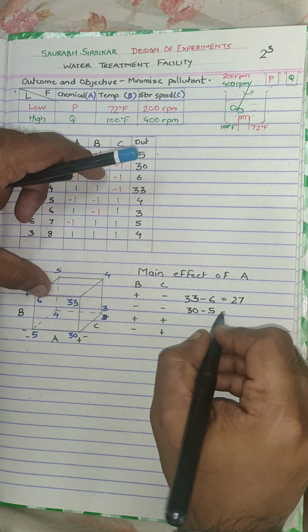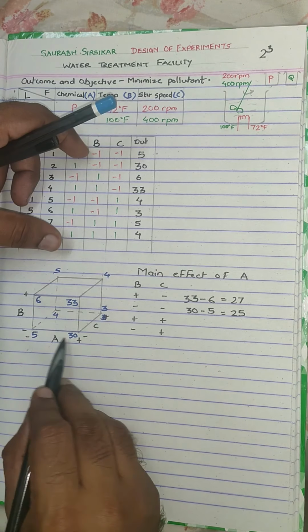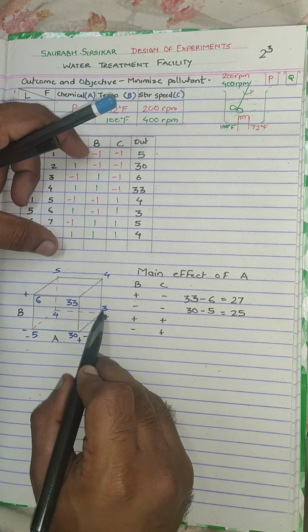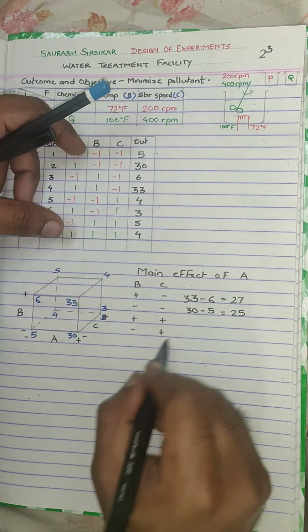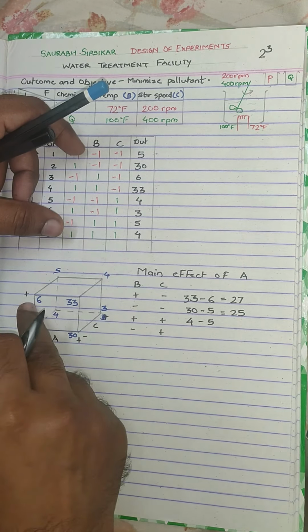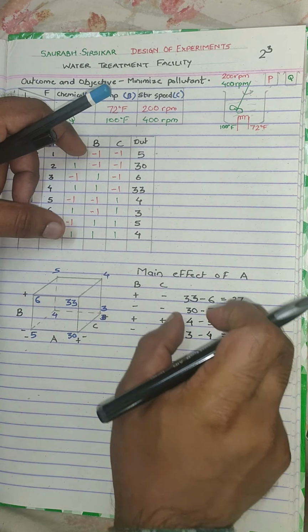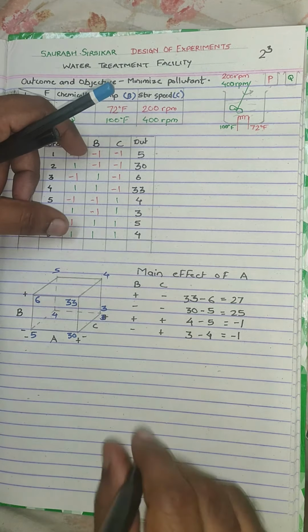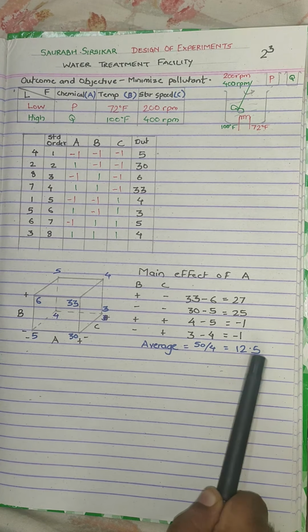So this is 27, this is 25. Now for the main effect of A, we also can do 4 minus 5, which is at the backside surface. So 4 minus 5. I am always doing higher minus lower. Okay, 3 minus 4. So now we can see the average of this, 50 by 4, that is 12.5.